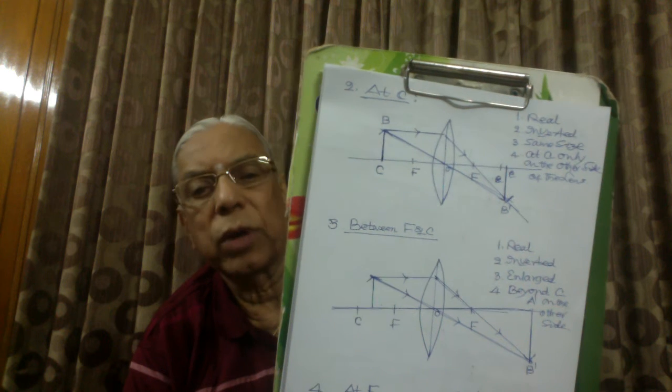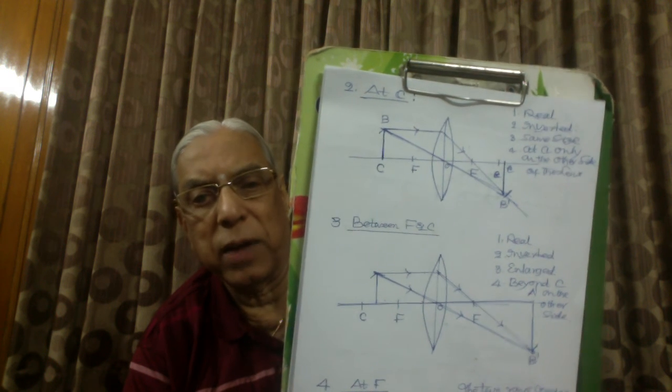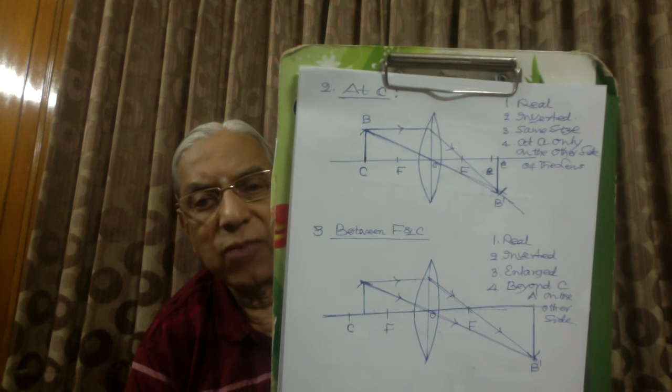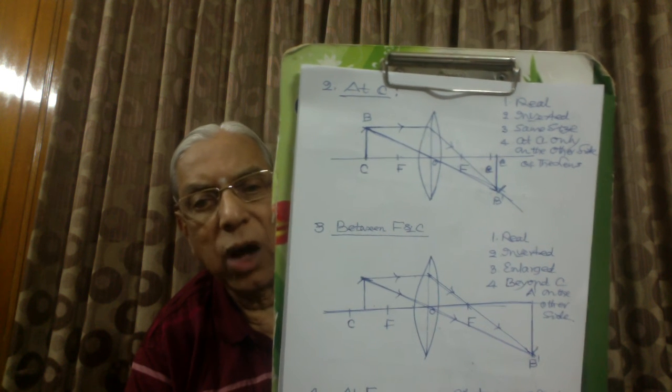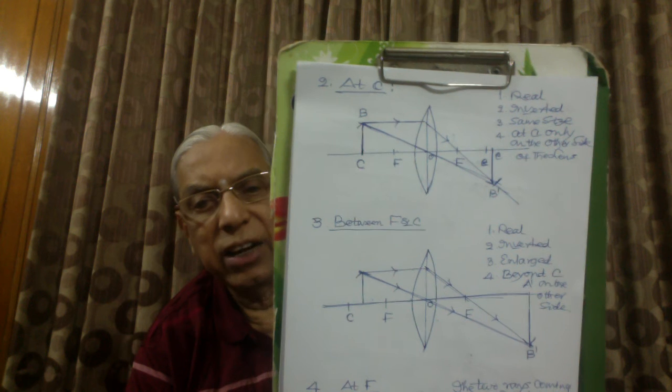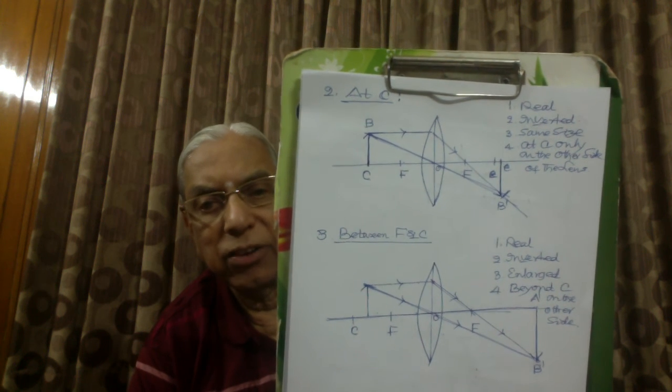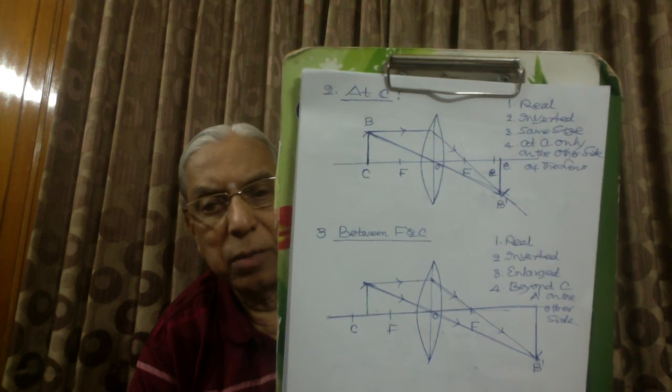I consider two rays. One ray traveling parallel to the principal axis, after refraction, passes through F. Another ray of light passing through O gets out of the lens undeviated. At the intersection of these two rays, the image of B is formed, which I call B dash. Therefore, A dash B dash is the image of the object.